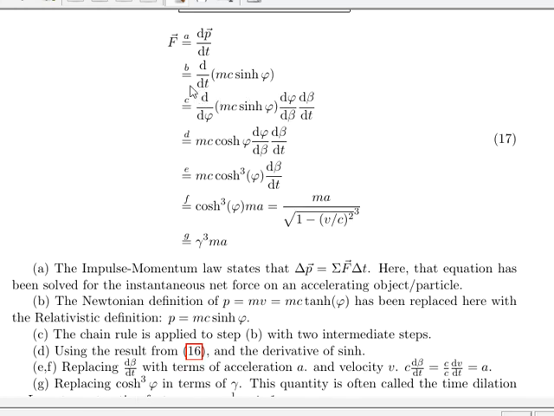The problem with step B is we don't know what the derivative with respect to t of this thing is. So I'm going to separate it out by, first of all, taking del del phi of mc sinh phi, which we can calculate. Then, since we did del phi, we need del phi del beta, which we have already calculated.